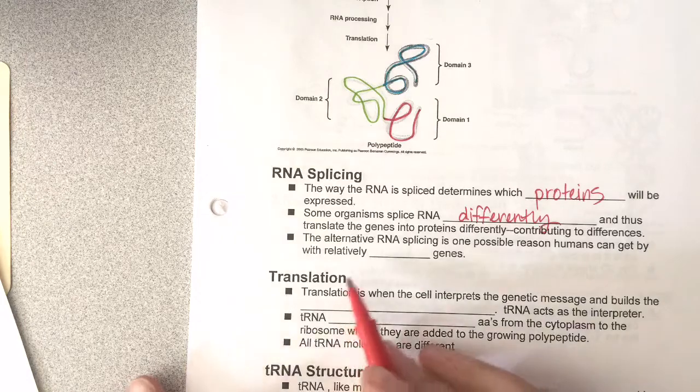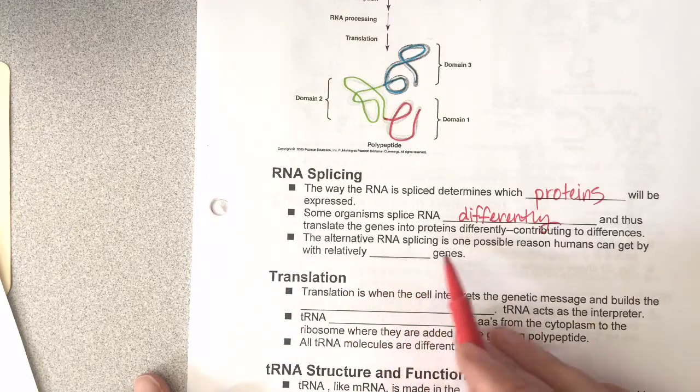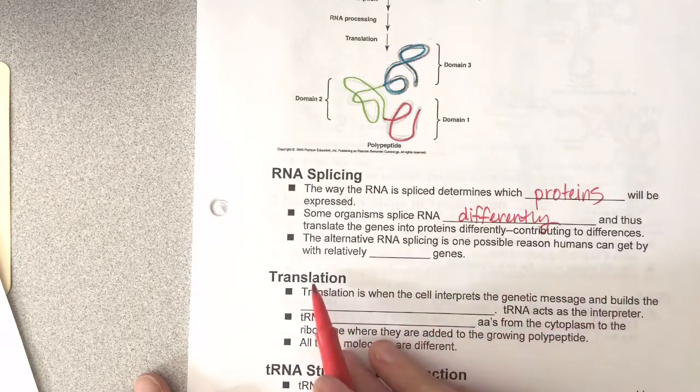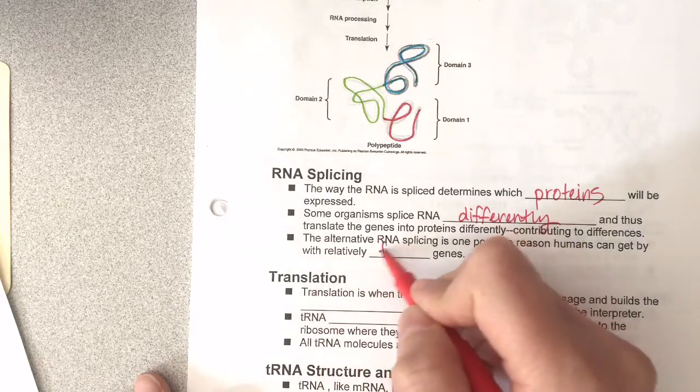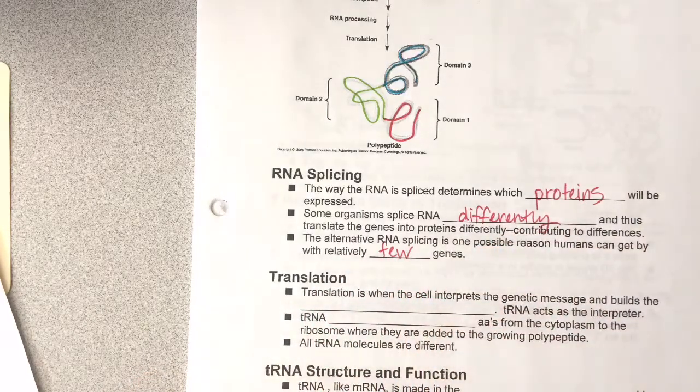Also, alternative splicing is one possible reason humans can get by with relatively few genes. What we found is we make way more proteins than we actually have genes. If one gene makes one protein, that doesn't make sense, because we should have just as many genes as we make proteins.